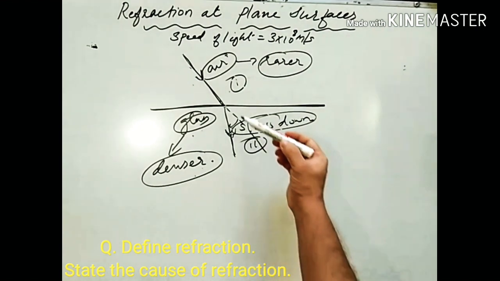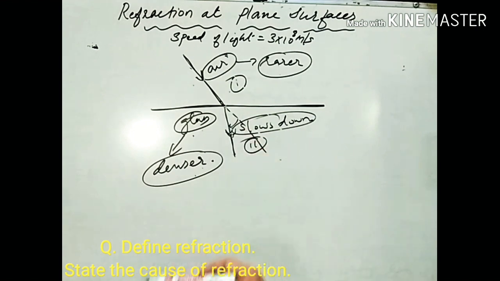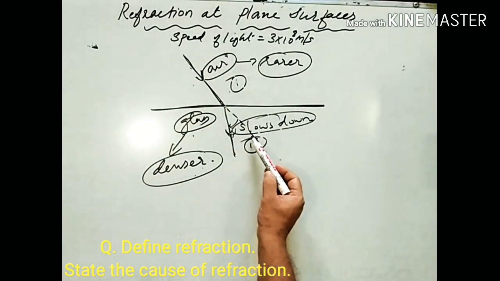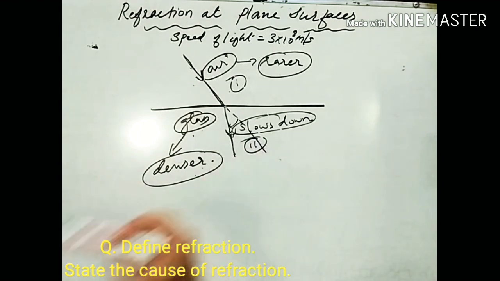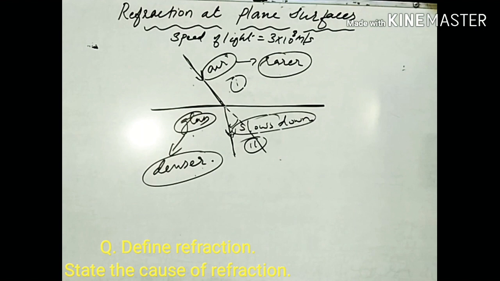When light travels from optically rarer medium to denser medium, the speed decreases. Due to decrease in speed or decrease in velocity of the light, the phenomenon of refraction takes place. So the change in speed of light is the basic cause of refraction of light. Please remember this fact. The question is asked: what is refraction, and write the basic cause of refraction.